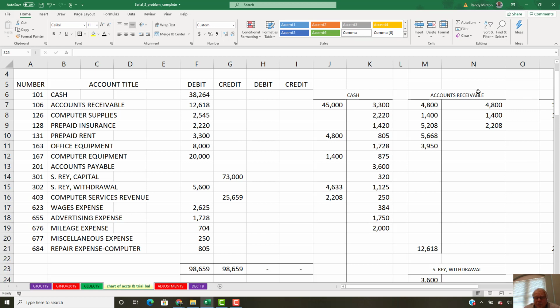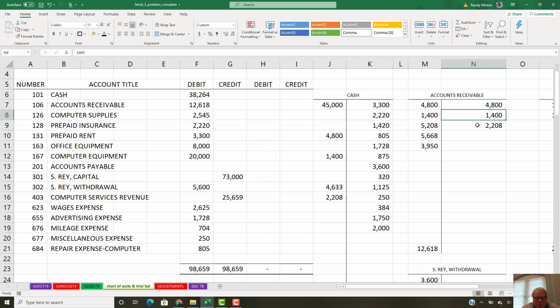The same thing is true for accounts receivable. As we performed services for people and didn't get paid, we put that on the left-hand side to indicate that accounts receivable was going up. And when they paid us for it, as they did over here, we reflected that by putting something on the right-hand side of the account.